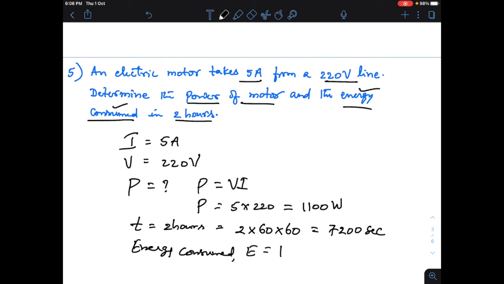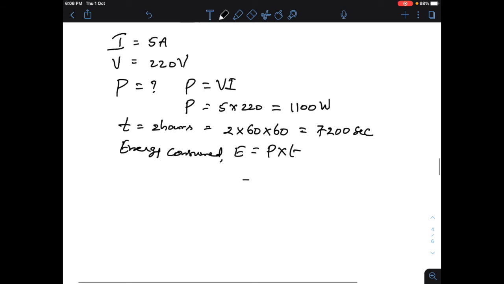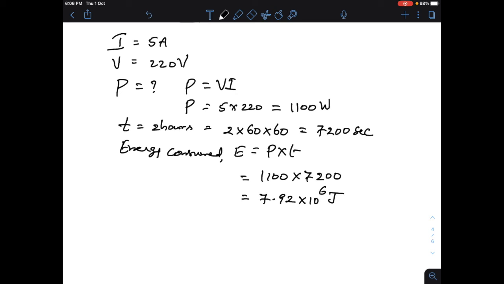E is equal to, we know that the formula is P into T. So P is 1100 watt, which we have calculated, into T, with the given time converted into seconds, 7200. So that is equal to 7.92 into 10 power 6, and the units are joules. So the value is 7.92 into 10 power 6 joules.